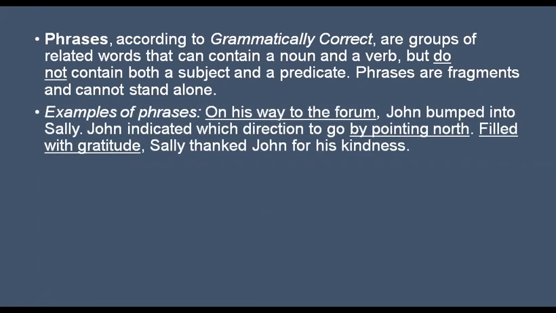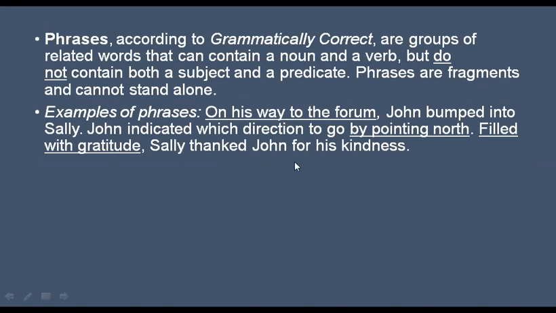Examples of phrases: On his way to the forum, it begins with the preposition on. So this is what we call the prepositional phrase. On his way to the forum, John bumped into Sally. There is what we call also the verb phrase.